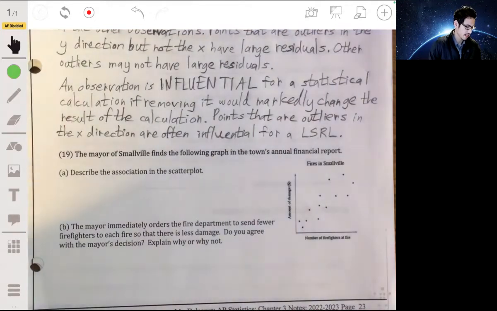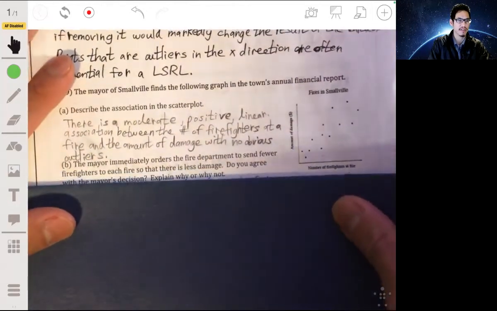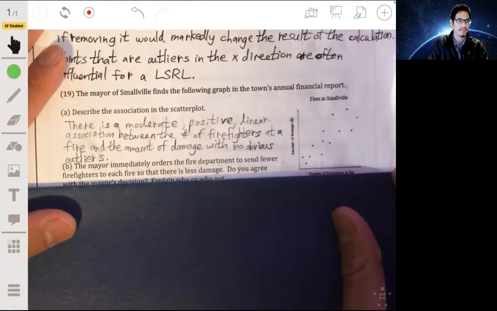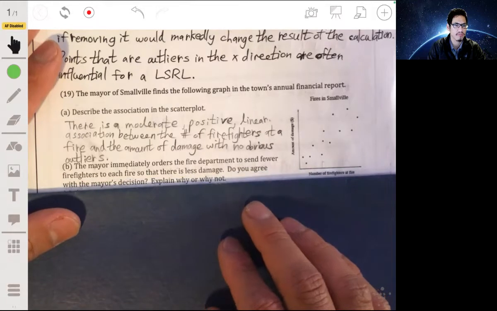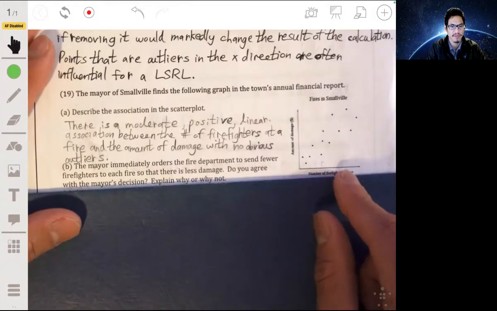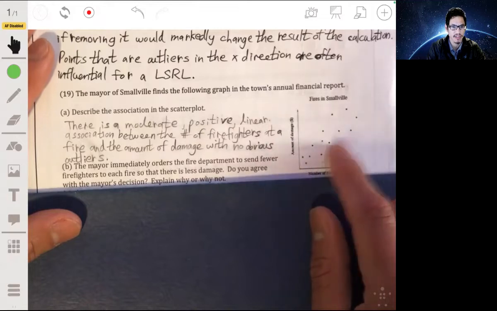So we could say there's a medium positive linear association between the number of firefighters and the amount of fire damage. And then the mayor says, well, let's stop sending firefighters, because more firefighters mean more damage. The firefighters are causing damage.